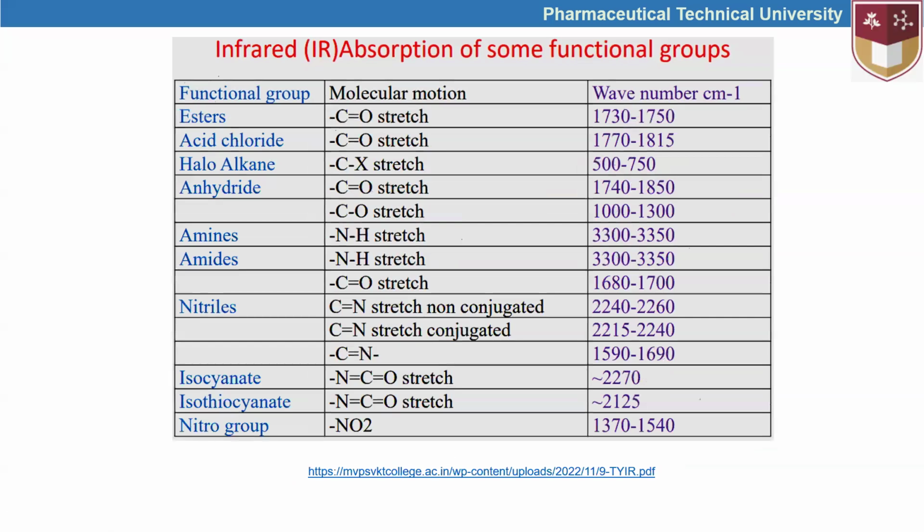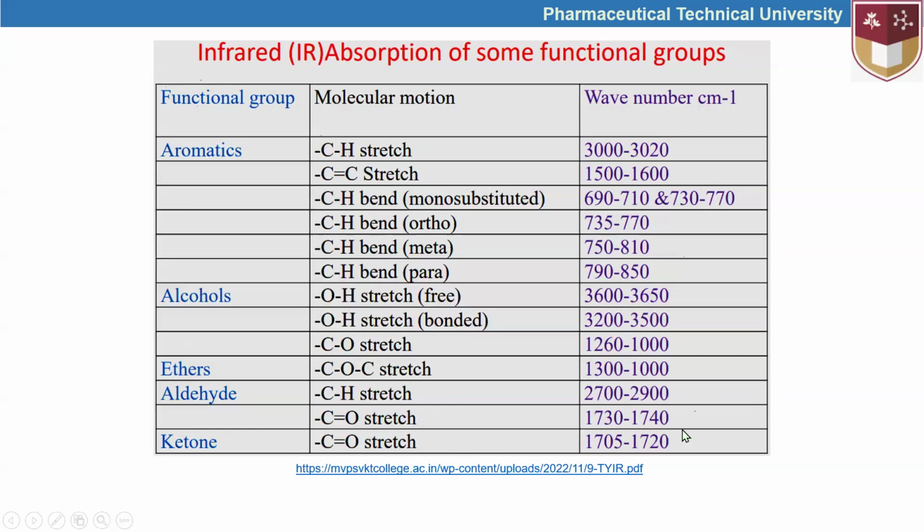And in esters, here we can see the carbonyl group of esters. Here we can see the range from 1730 to 1750, even bigger compared to the carbonyl group wave number in aldehyde.